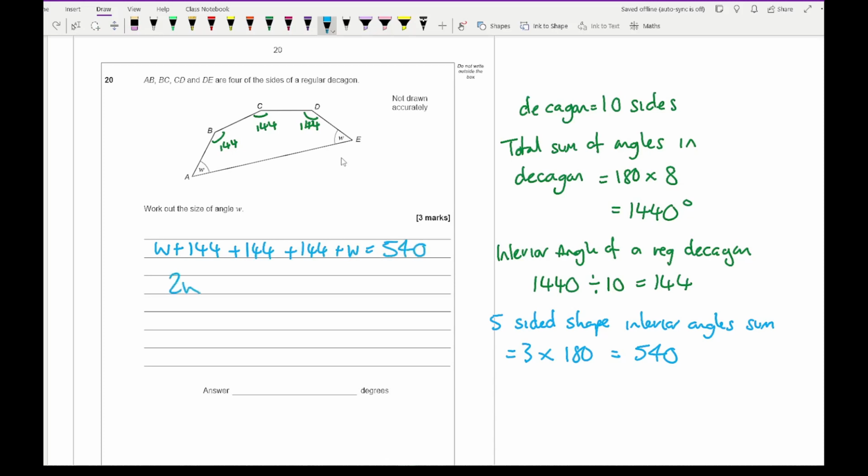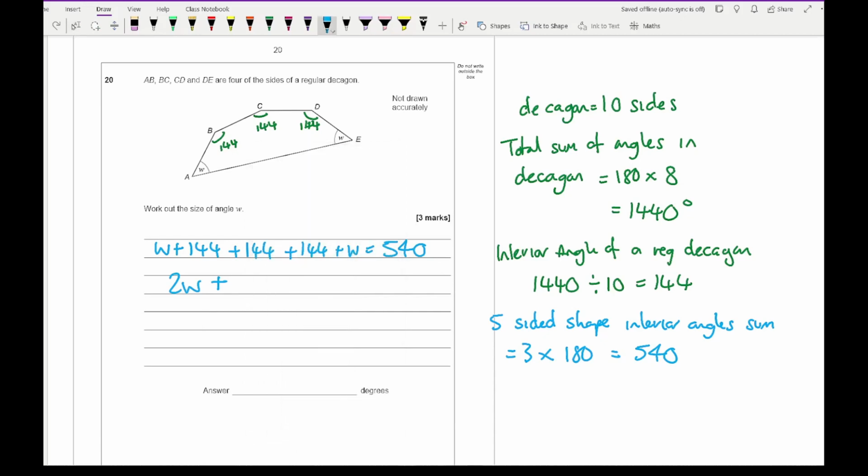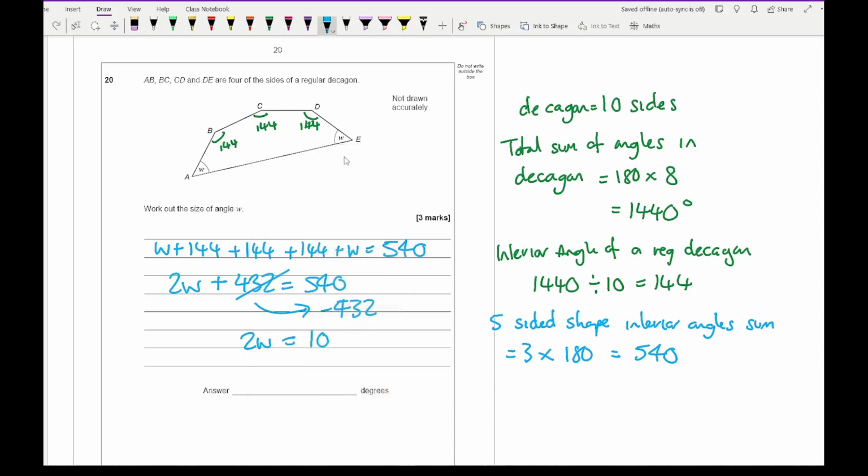So then here I've got 2W plus 3 lots of 144, so 432 equals 540. I'm going to take away the 432. So I'm left with 2W equals 540 minus 432, which equals 108. So therefore W equals 54 degrees.